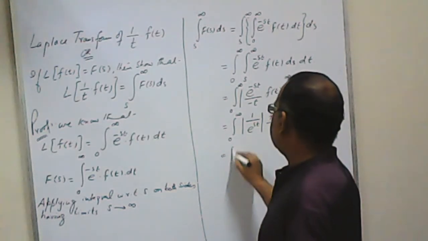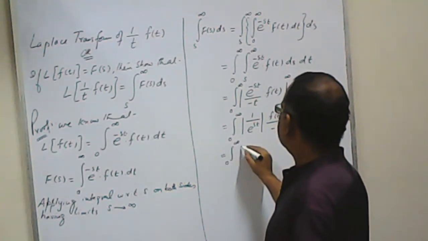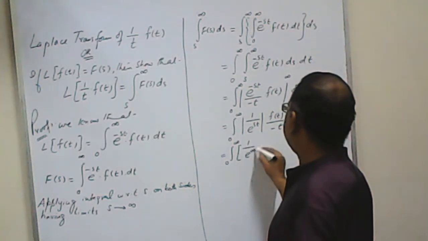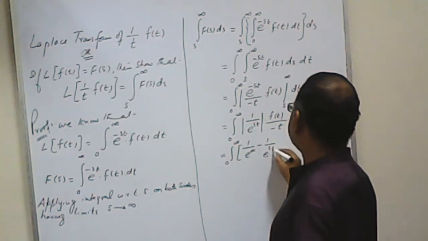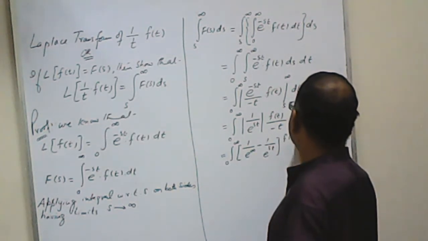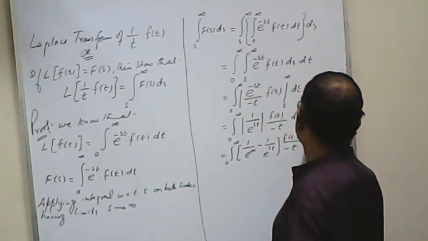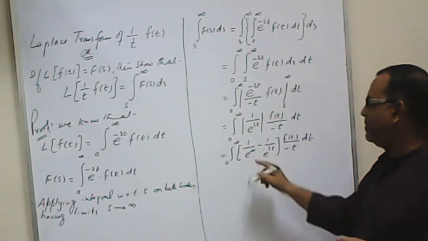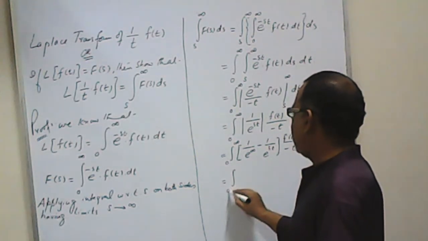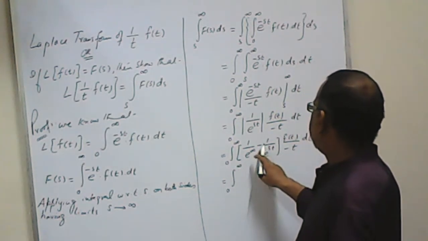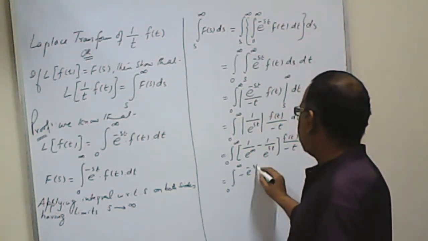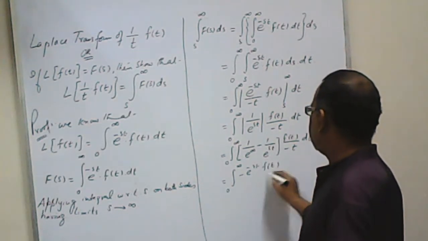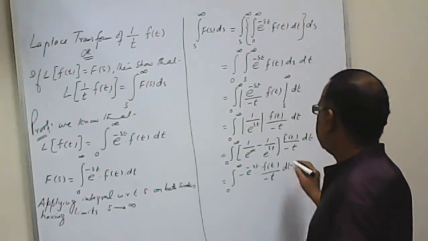Now substituting the upper and lower limit. The upper limit is infinity, so e power infinity minus e power st, as the lower limit was s. So 1 over infinity becomes 0. So this becomes 0 to infinity minus e power minus st. I moved it again in the numerator, then f of t and minus t dt.